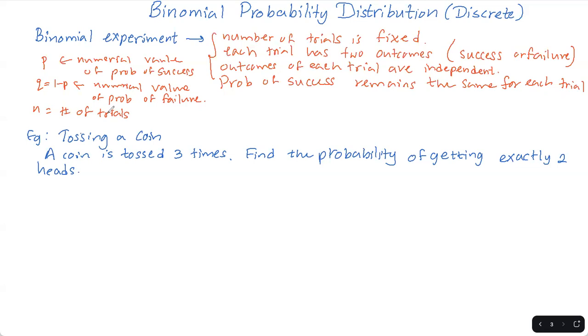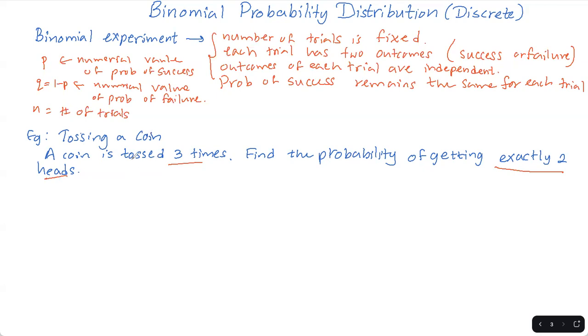So let's look at this example, tossing a coin. A coin is tossed 3 times and we are going to find the probability of getting exactly 2 heads. By looking at this example, you can identify this is a binomial probability distribution. If you want, you can write down all the outcomes.